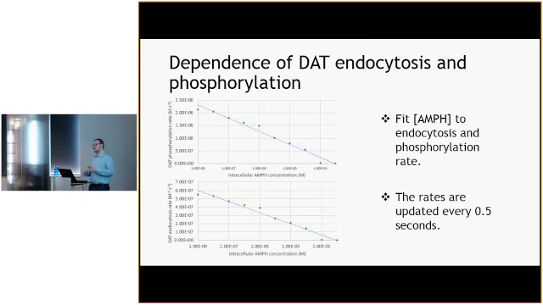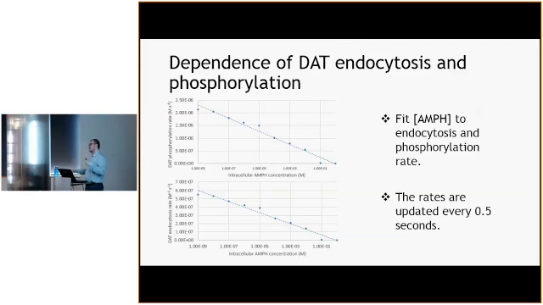And then, every half a second, the simulation stops, calculates the number of amphetamine molecules inside the cell, gets the concentration of that, and then uses that information to feed the M-Cell model: what are your rate constants for endocytosis and for phosphorylation of the dopamine transporter?